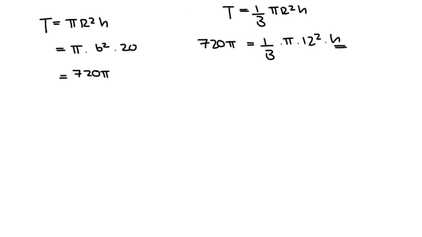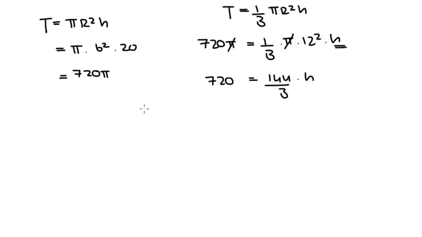So I have pi on either side, and I'm multiplying all values on either side, so therefore my pi is going to cancel. I can think of it like I'm dividing both sides by pi. So I have 720 is equal to 144 divided by 3 by h. So I've just simplified 12 squared multiplied by a third.